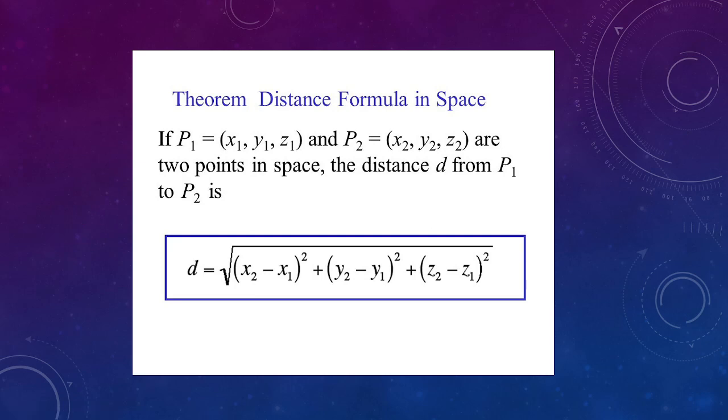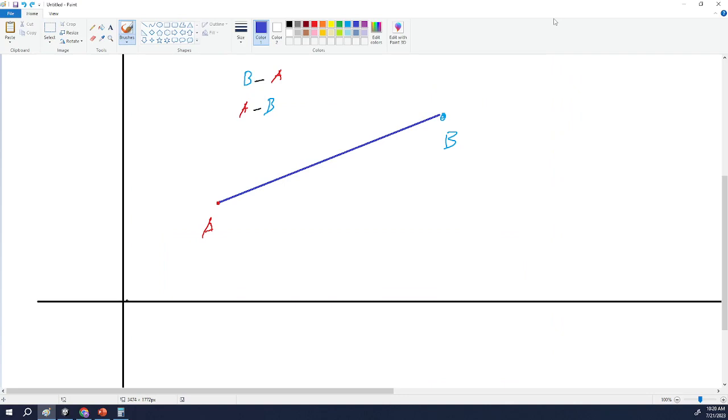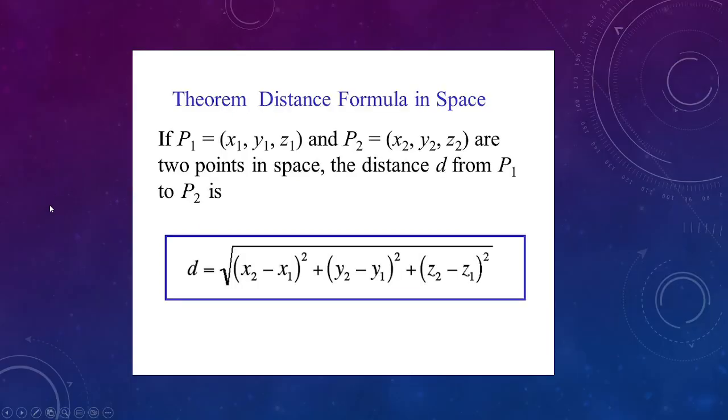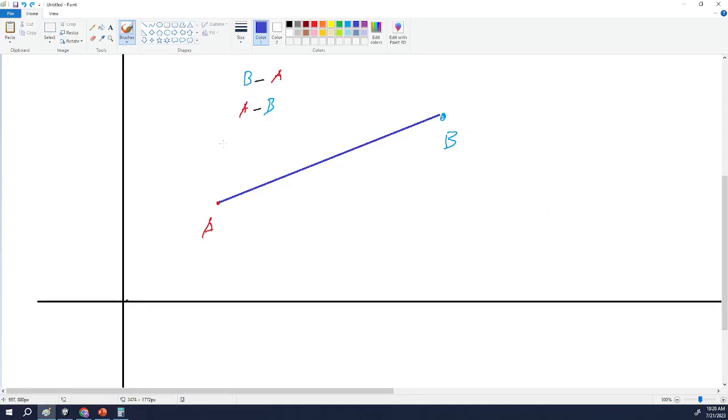So we can get our magnitude using the distance formula in space. So I hope you guys don't get too scared about this. This is simply just our Pythagorean theorem. Given this is x1, y1, x2, y2.